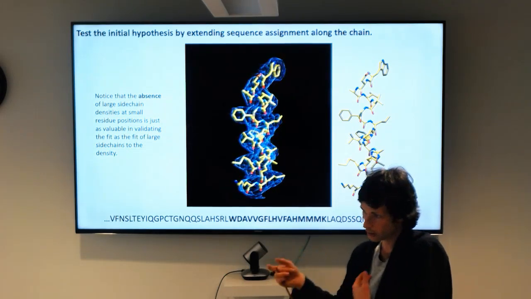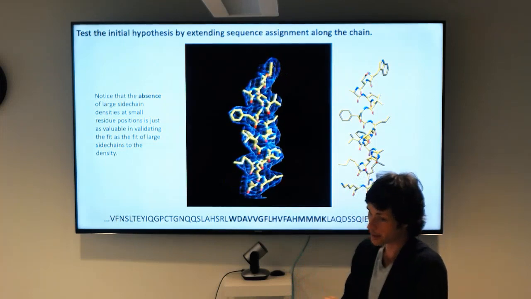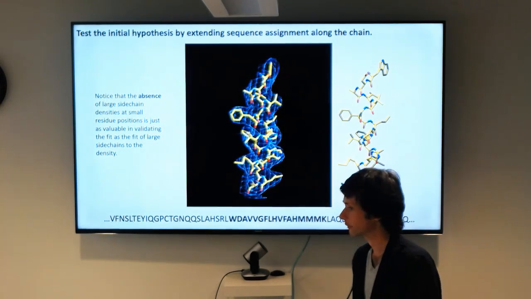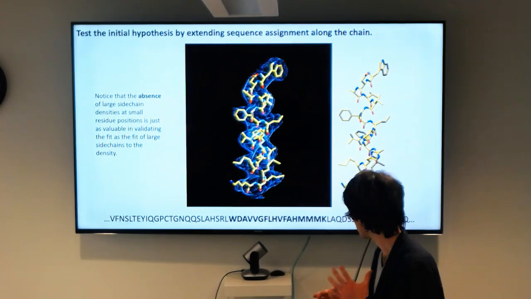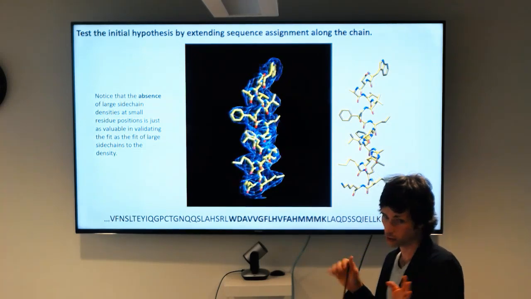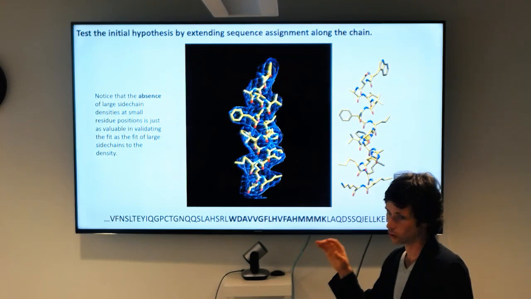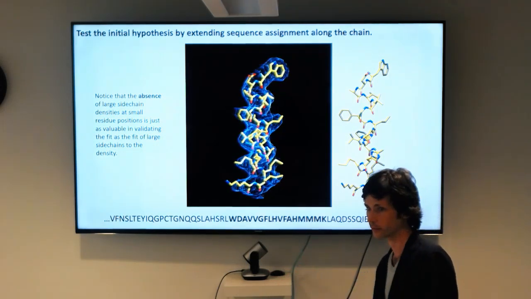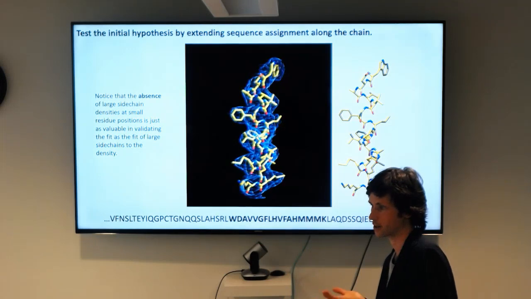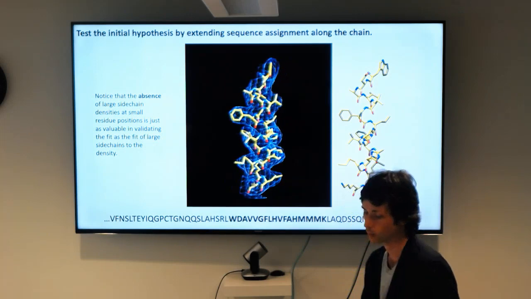So the combination of patterns of large aromatic residues and really small residues like glycine, alanine, proline, serine is really helpful. If you're just starting without a model, without any homology models or anything, you want to be scanning your density and your sequence to find regions that are information rich, that have unique patterns of large and small residues, which can help to anchor you when you're building.